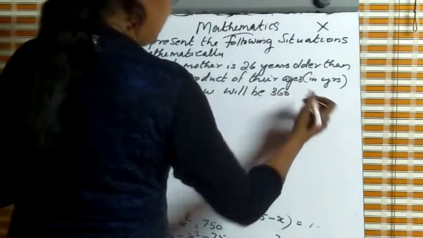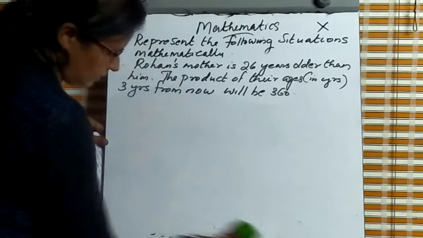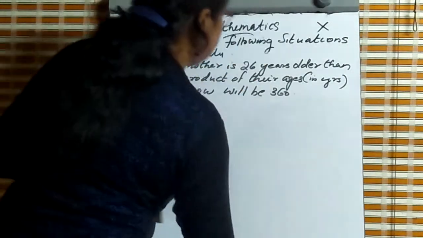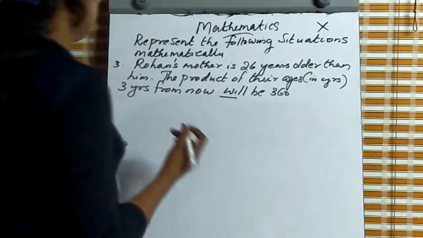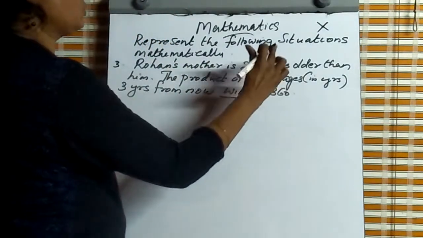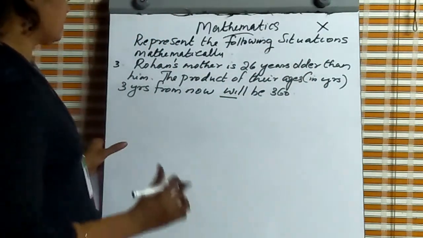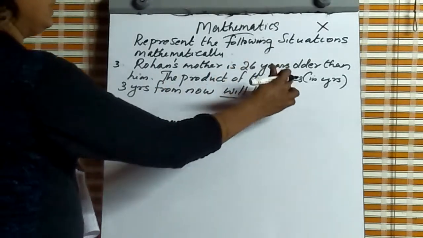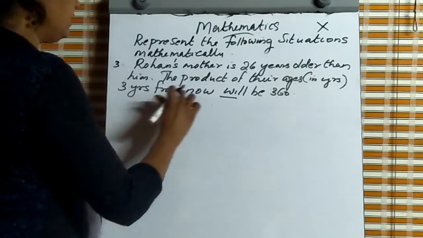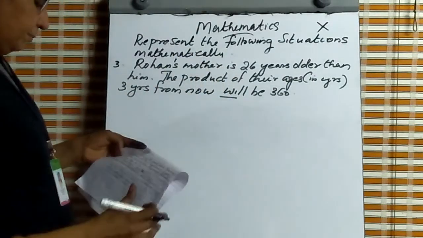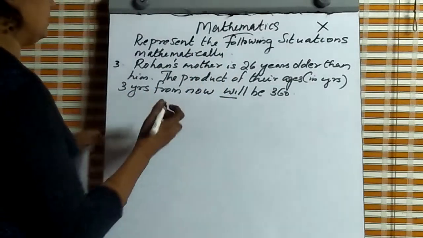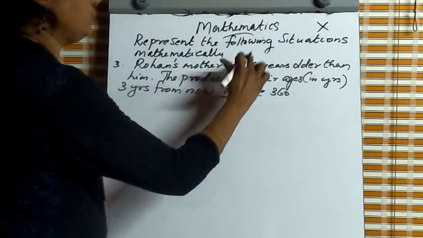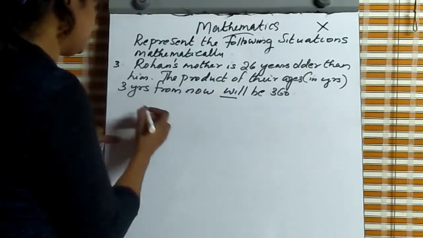Represent the situation mathematically, or another name, algebraically. Rohan's mother is 26 years older than him. The product of their ages in years, 3 years from now, will be 360.